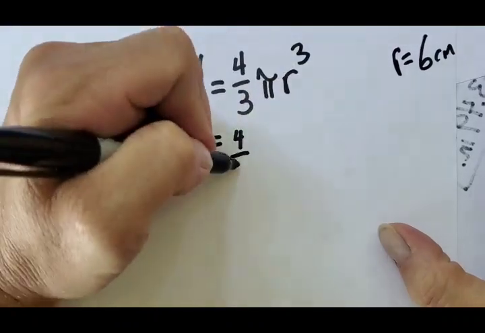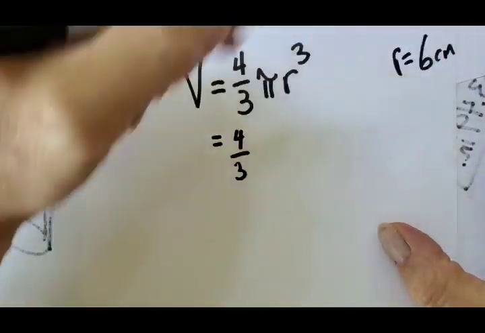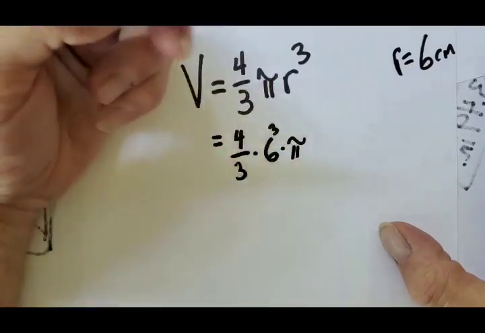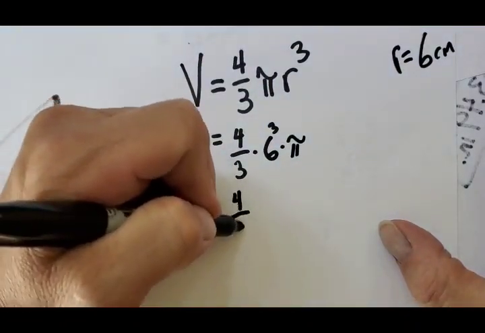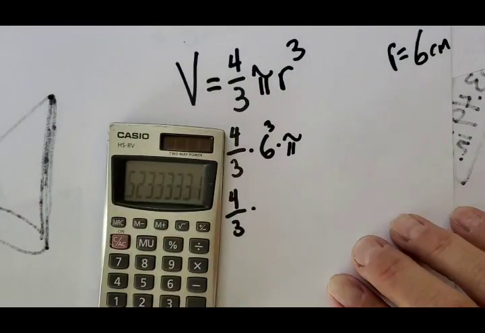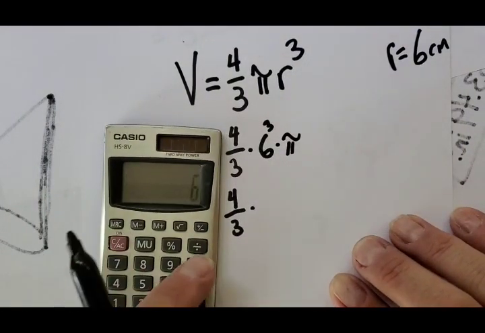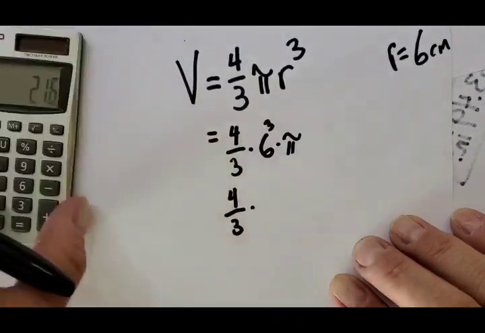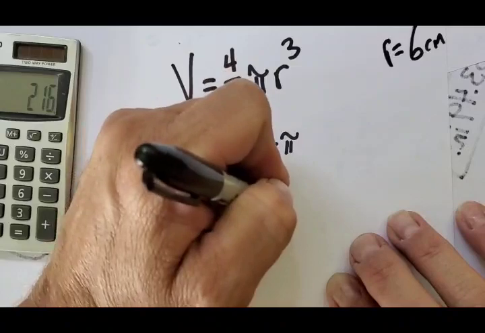I'm going to move pi to the back end. R cubed is going to be 6 cubed. Again, I'm following the order of operations. 6 times 6 times 6 equals 216.